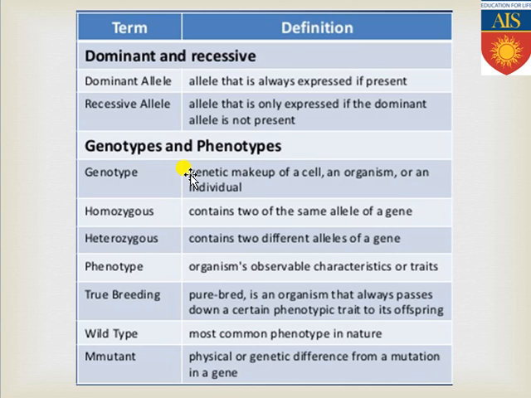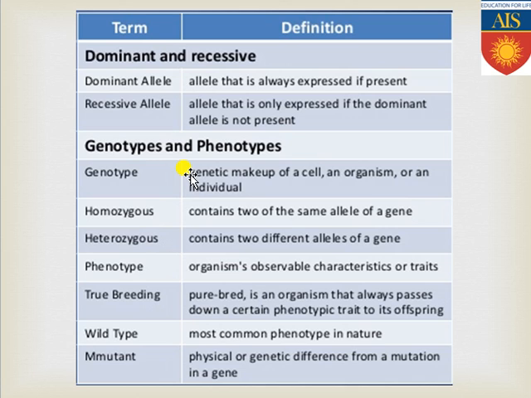Now homozygous can be of two types, homozygous dominant and homozygous recessive. What is that? If an organism is homozygous, that means it contains the same allelic form on both of the homologous chromosomes. Now you need to see whether both allelic forms present on the homologous chromosomes are dominant alleles or recessive alleles.